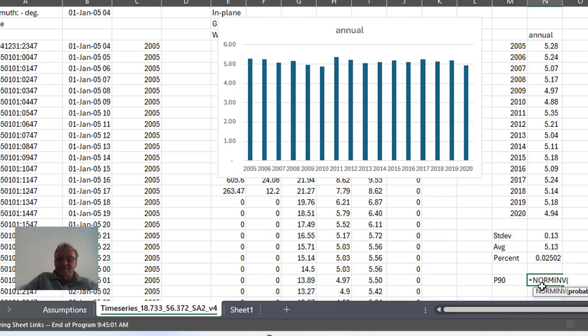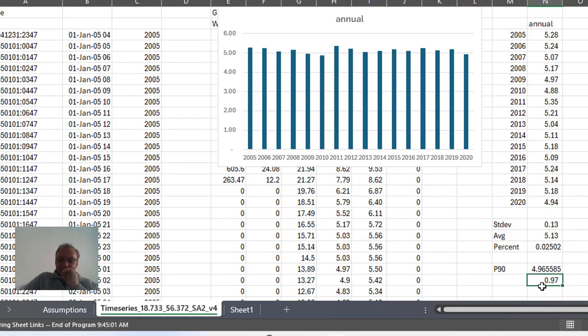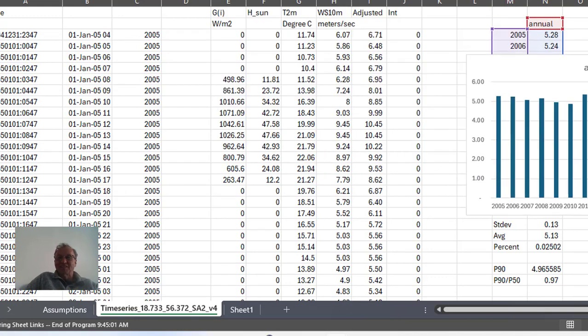Okay, and we take the 0.1, and then we take the average, and then the standard deviation, and this divided by this is only 3% less, okay? P90 divided by P50. So maybe it's a place where it's not very windy or something like that.